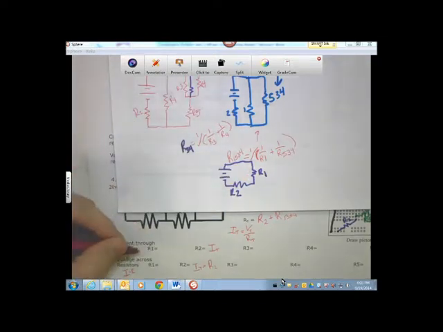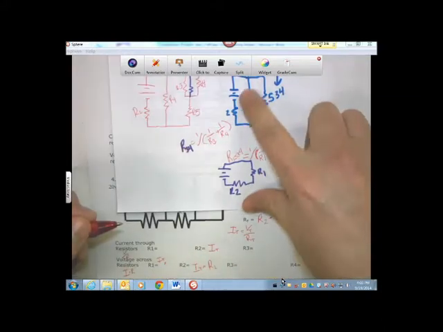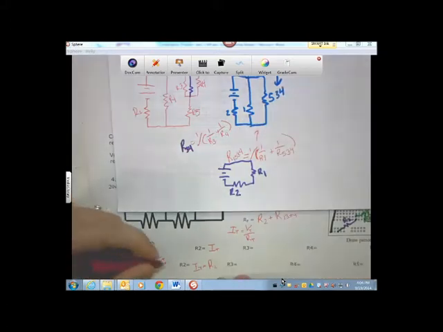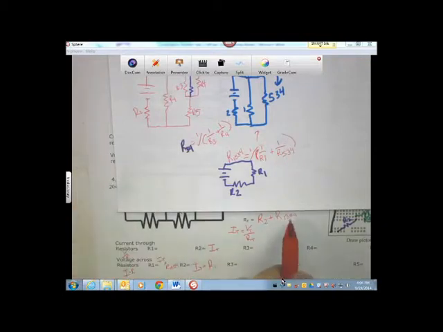So for the voltage through resistor 1, we want I times R, so IT times, and I can't use R1 here, I have to use the equivalent R since it's all in parallel. So that's going to be times R1,3,5,4, which we had figured out from here previously.